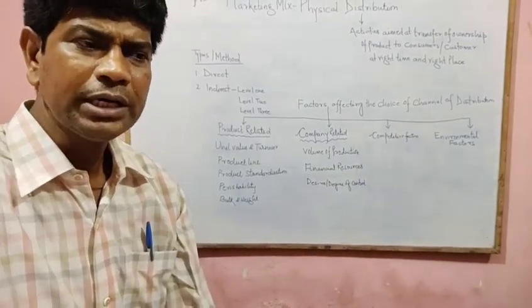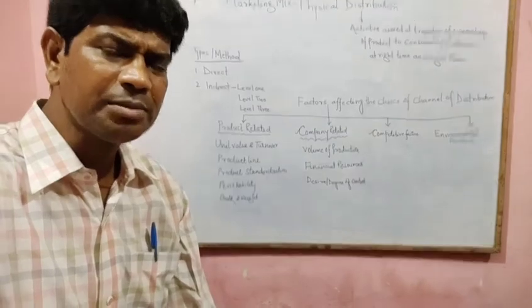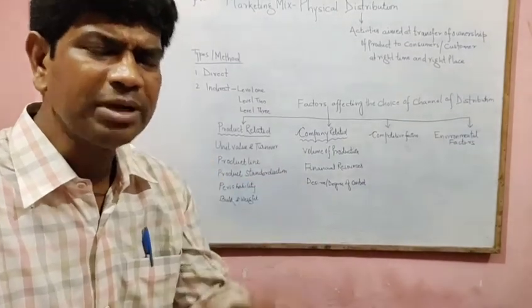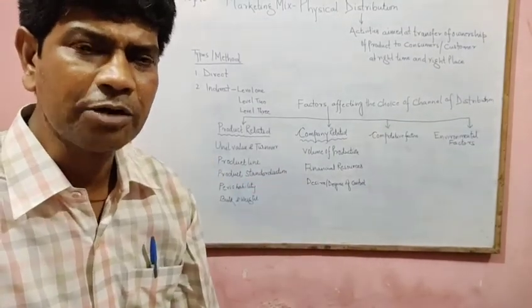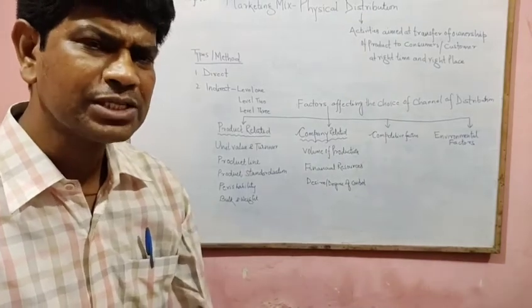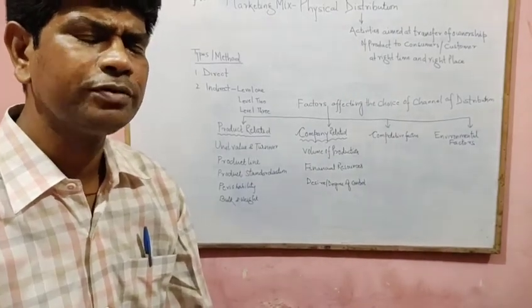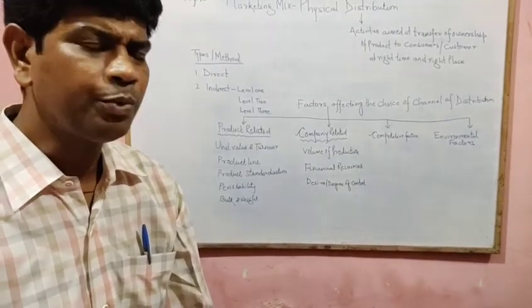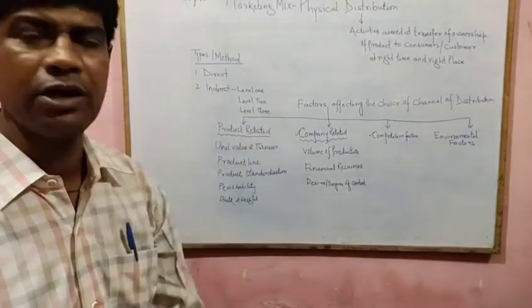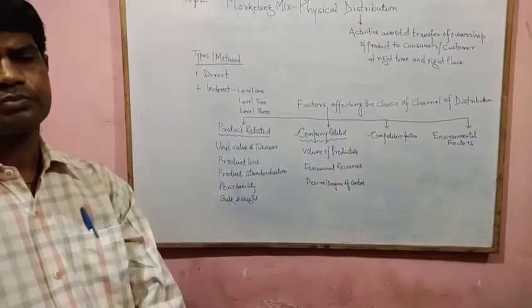Therefore, when the customers are large in number, we can opt for an indirect channel, whereas when there are very few customers, we usually choose a direct channel of distribution.